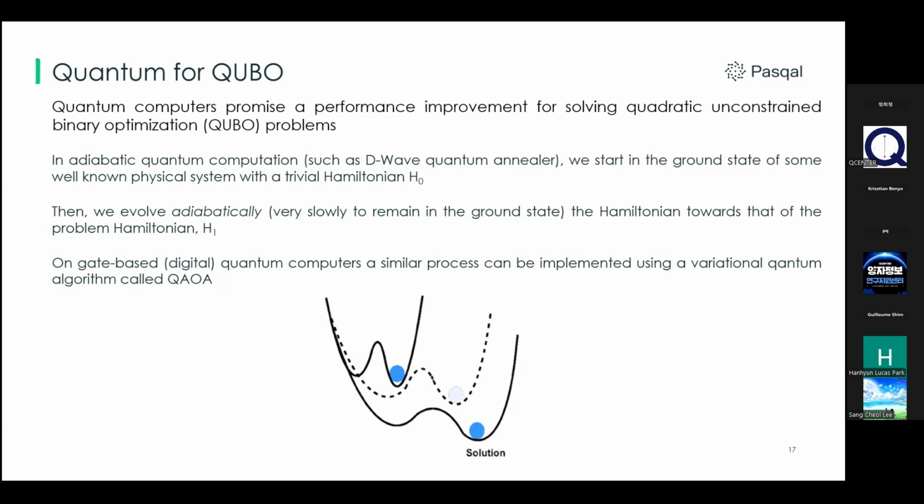Therefore, if you do the manipulation slow enough, this evolution slow enough, you can ensure that at each step of the evolution, you are still staying at this ground state. Therefore, if you have started from a known initial state and are targeting the problem solution, if you're given enough time, you can reach it step by step.